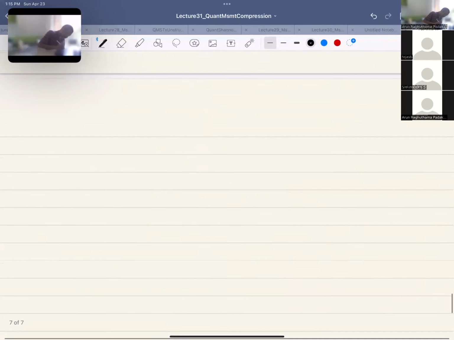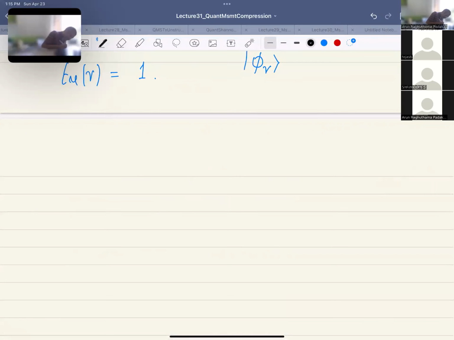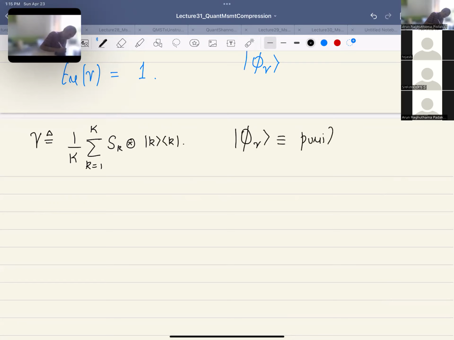You operate on phi gamma, a purification of gamma, so let me explain this. I'm going to define everything carefully. Gamma is 1 by K summation k equal to 1 through capital K sk tensor kk. This is my phi gamma, a purification of gamma.